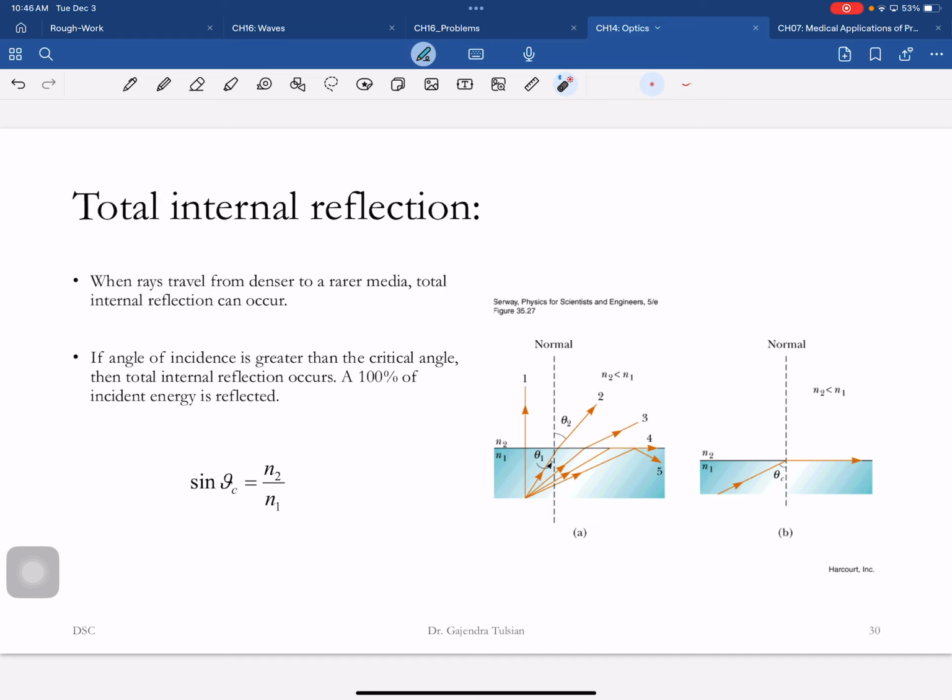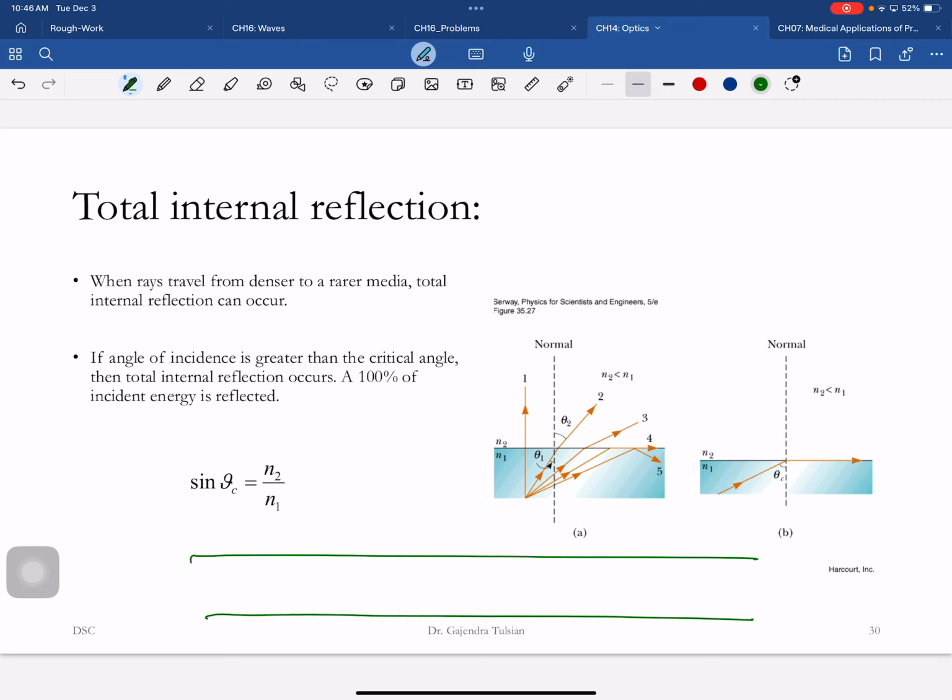What this means is, if you take a glass fiber and you send a beam in, it is totally reflected, 100% reflection. So you can have a glass fiber 100 miles long, I'm just exaggerating, and you get a complete full signal out there.